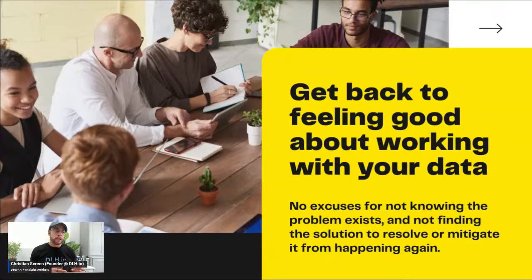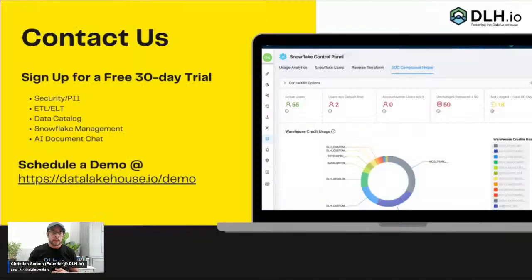And so we highly recommend that you go down that approach of SOC compliance for your Snowflake account, especially in light of the alleged data breaches, so that it doesn't happen again. So feel free to contact us, take us up on that free trial, the 60-day free trial for the Snowflake control panel. That's going to give you a little bit of a SOX compliance helper. It's going to allow you to get started on identifying some of these key things. And no need to build it yourself. We've already built it for you. So go ahead and take advantage of that.